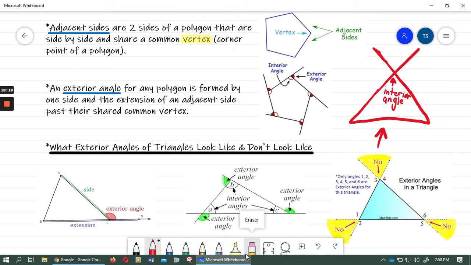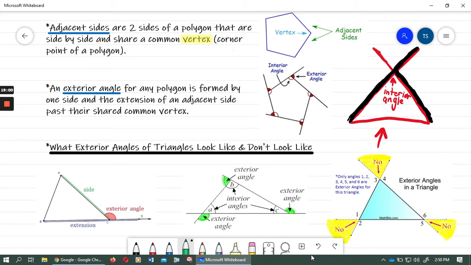Because again, according to the definition of an exterior angle, it has to be formed by one side of the triangle, which you see right there, and it has to be formed also by an extension of an adjacent side of the triangle. So by the definition of an exterior angle, this angle that they're showing you right here is not exterior at all.